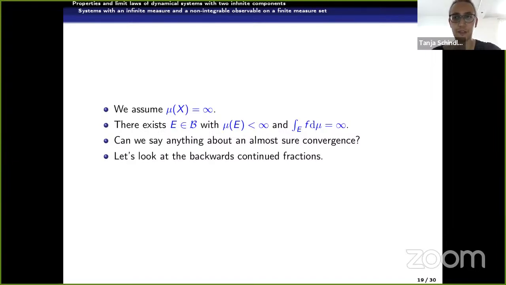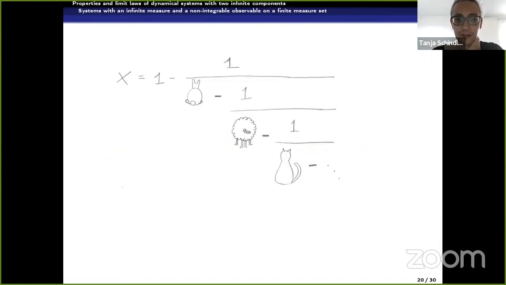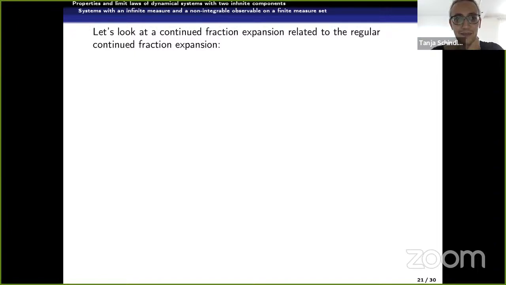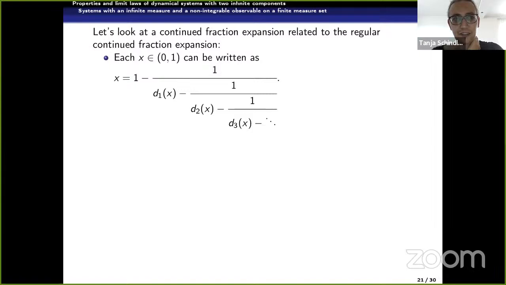And so we can just look at one example, namely the backwards continued fractions. And I might just say a little bit more about them. Okay, this is what we have as backwards continued fractions. What do I mean by that? Let's see why we actually call them backwards continued fractions if we compare them with the regular continued fraction expansion.